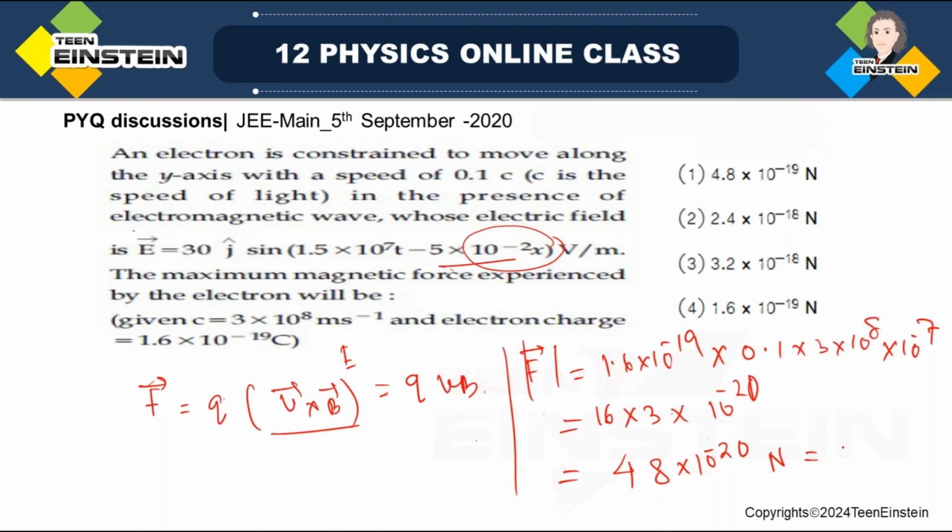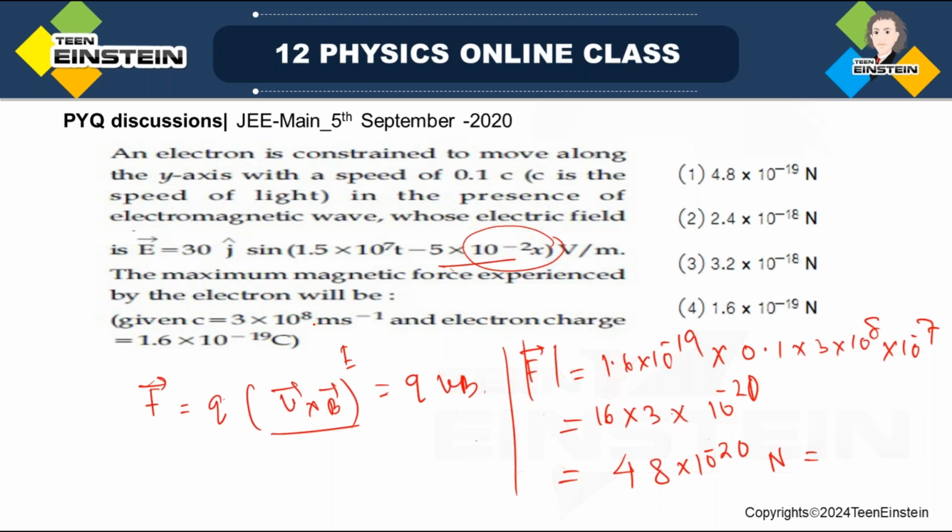Let me check if I have written something wrong. 0.1 C, 1.6 times 10 to the minus 19. B I have to calculate, this is volt per meter.